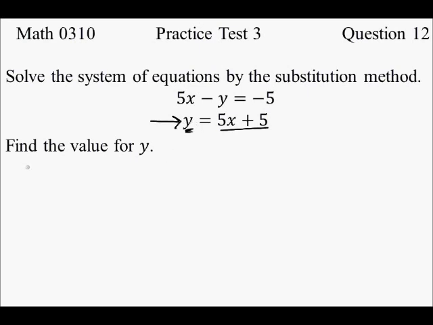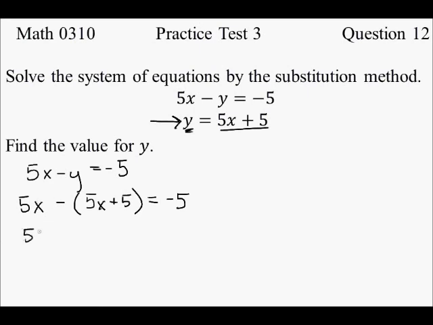We'll write down over here, our first equation is 5x minus y equals negative 5. And so if we're plugging this 5x plus 5 in where y is, that's going to give us 5x minus, and my y is the expression 5x plus 5, equals a negative 5. Alright, and so now we have everything in terms of x, and we can solve for x. So here we get, let's go ahead and distribute our minus.